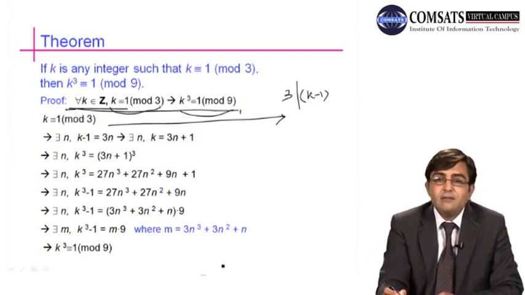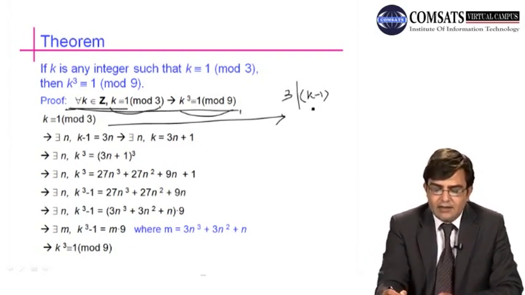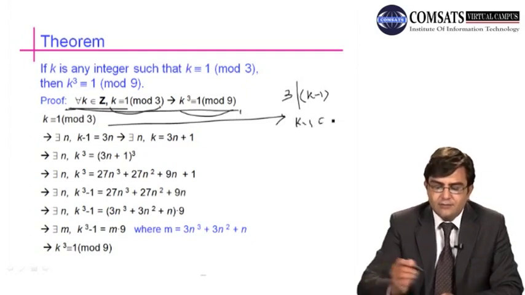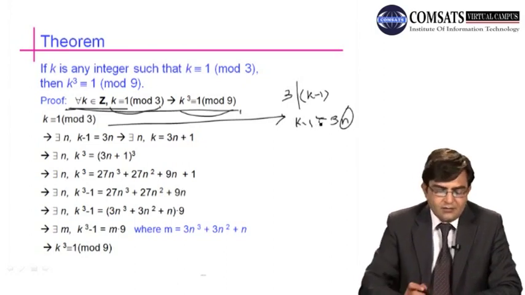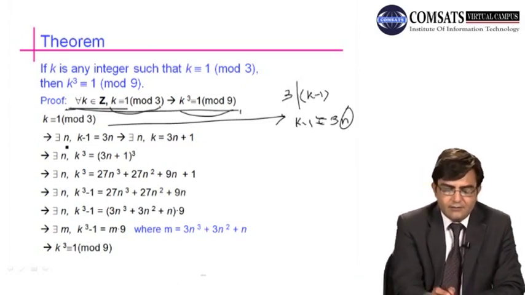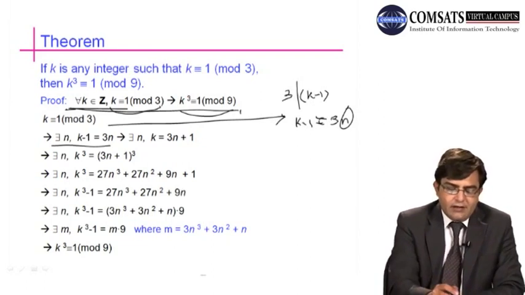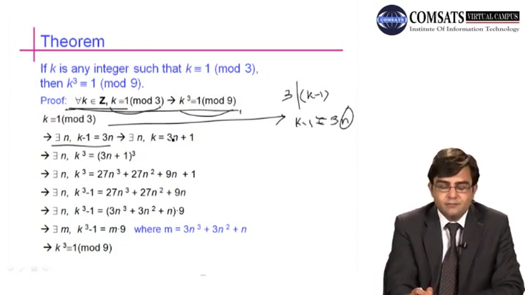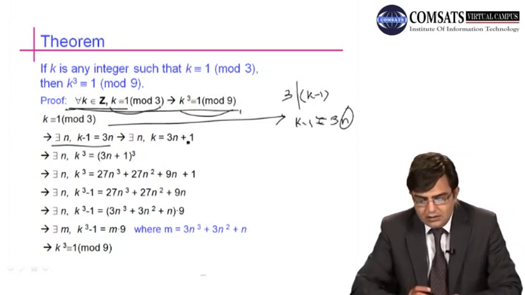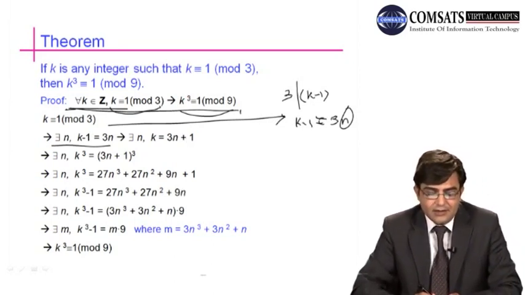If 3 divides k minus 1, then k minus 1 can be written as 3 times n. So there exists some integer n. We take the 1 to the other side, which implies k is equal to 3n plus 1.